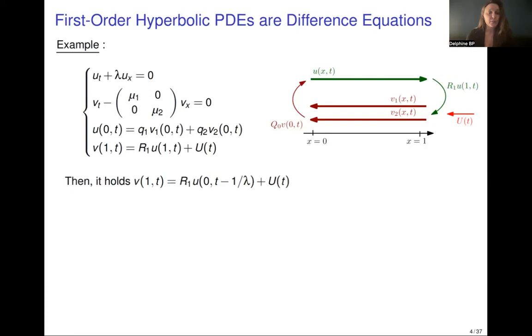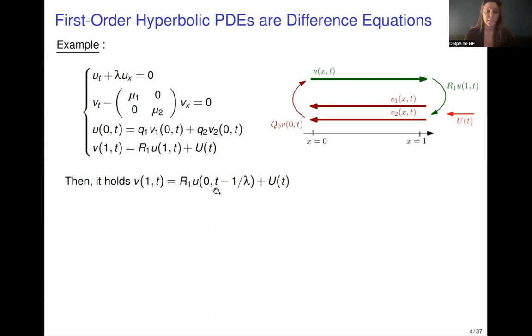So if now we look at what's going on for V at x equal 1, we have V1 of t through the boundary condition equal to R1 U(1, t) plus U of t. And U at 1 can be related to U at 0, but delayed, if you integrate through the characteristic line of U. So you get this relation, R1 times U of 0, but delayed by 1 over lambda.